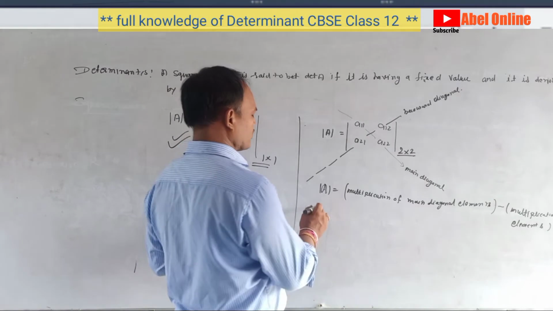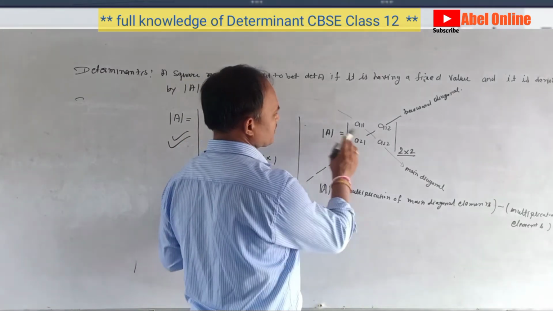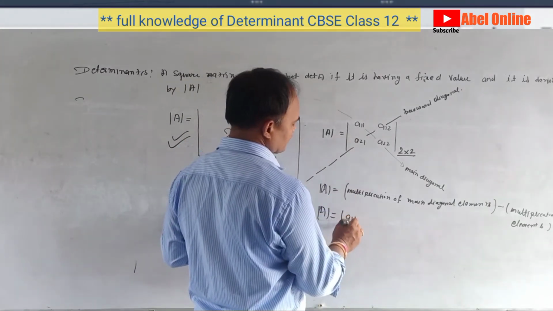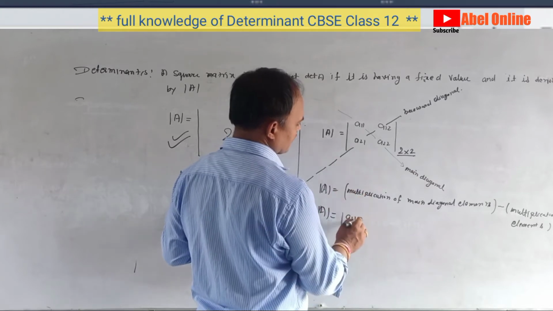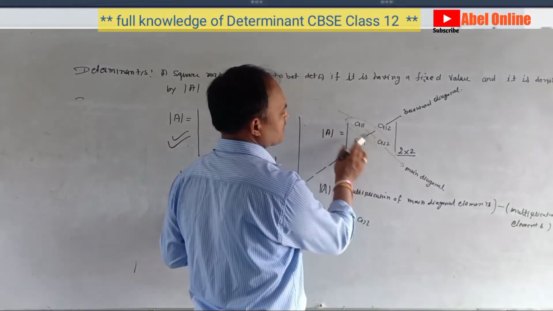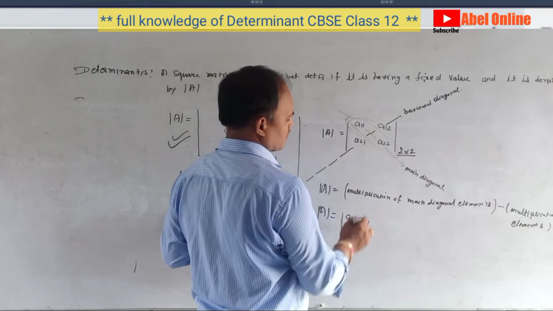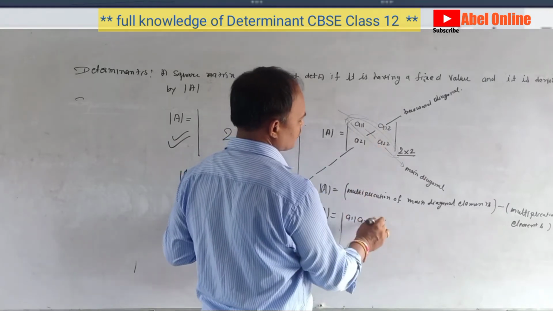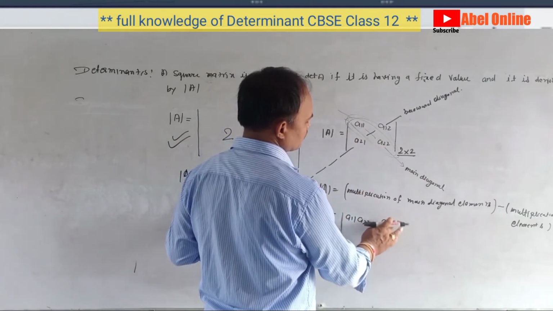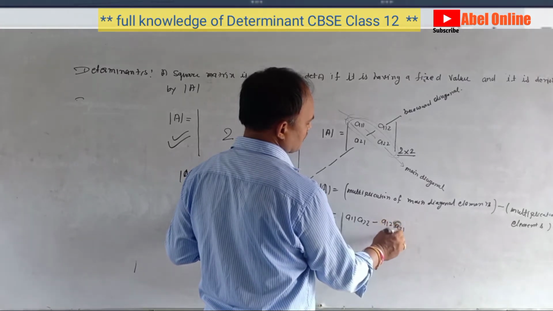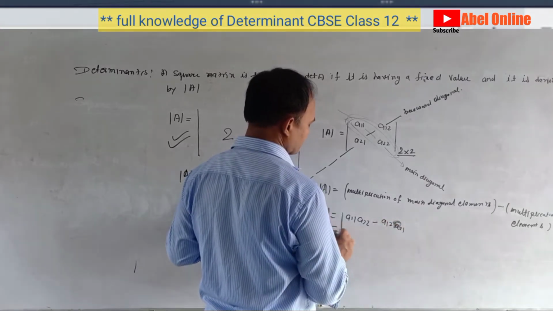So what about the determinant of A? We can say that it is A11 times A22, just multiply A11 by A22, minus A12 multiplied by A21. So this, guys, is your answer.